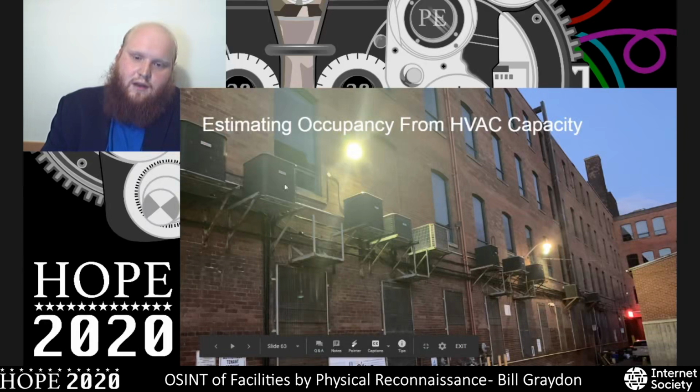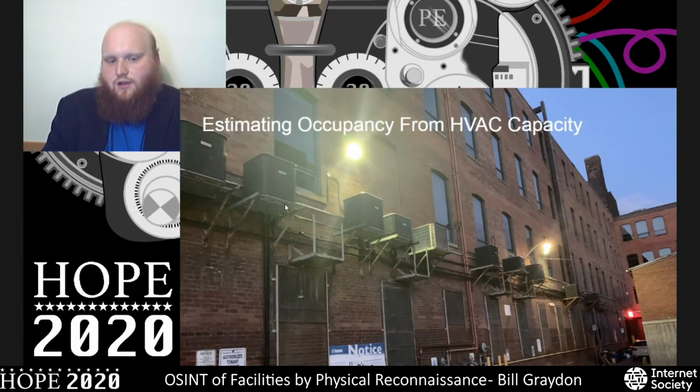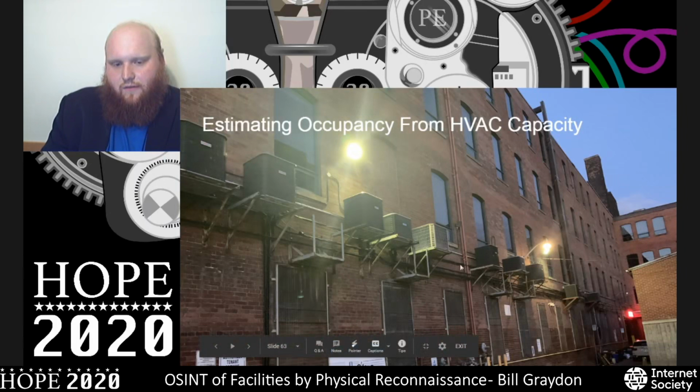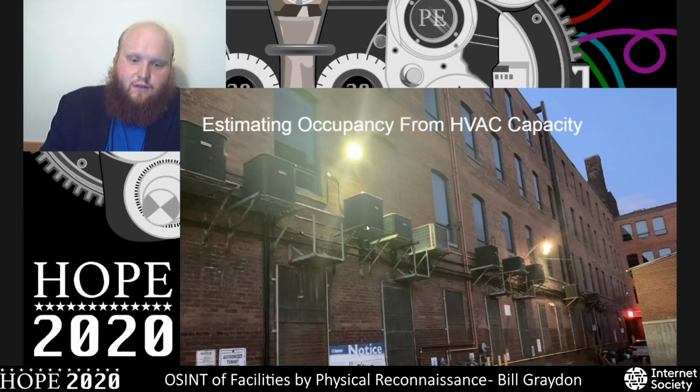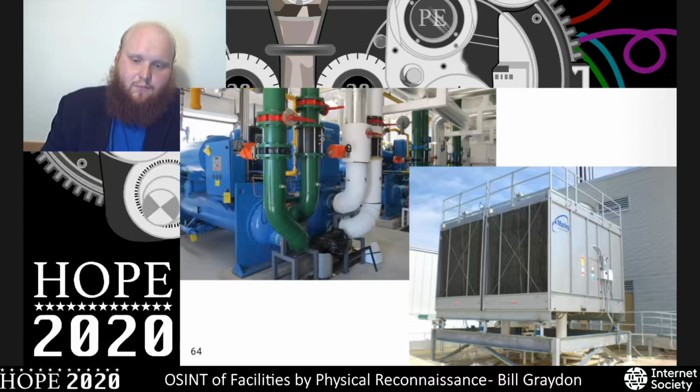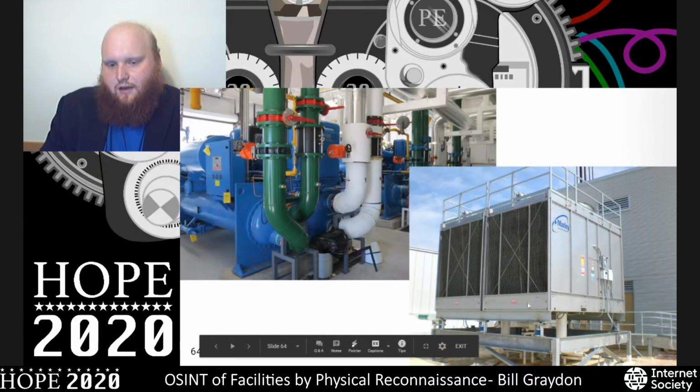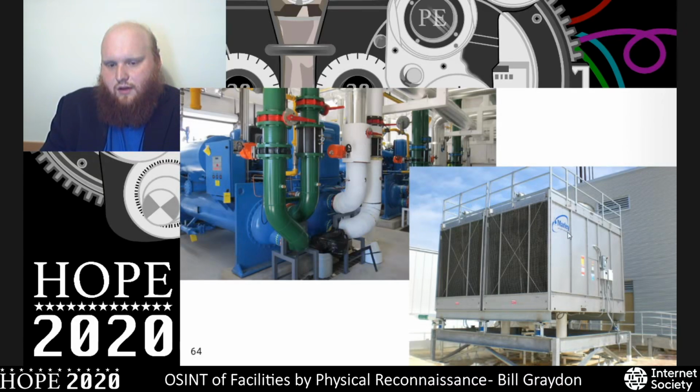So for HVAC, that's heating, ventilation, and air conditioning, in this case, all of our air conditioner units are visible on the outside, and we can look up the capacity of those to get a sense of what the occupancy inside the building is. If you ever see a large box like this on the roof of a building, this is a cooling tower.